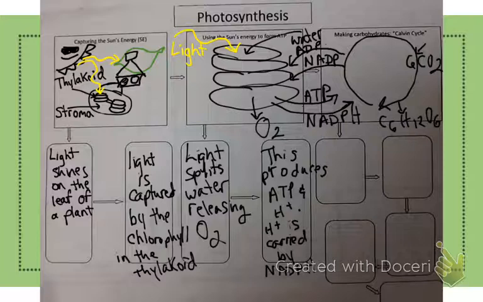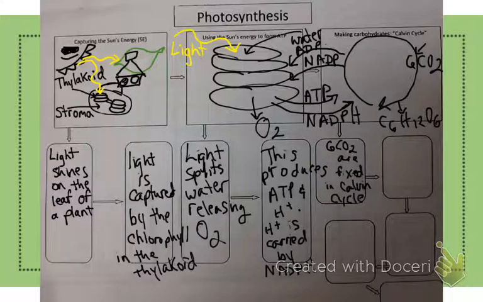There you go. Here's your words. So 6 CO2s are fixed in the Calvin cycle.